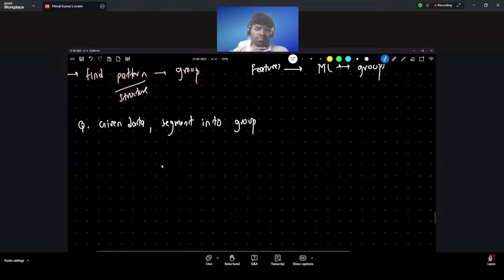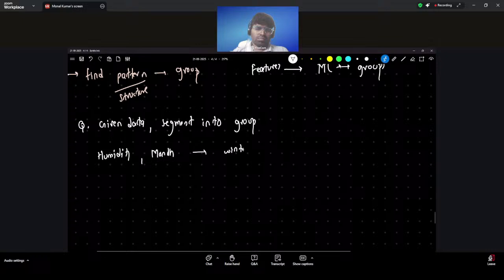But in unsupervised, let's suppose I'm giving humidity, comma, month data. What we will say is just do the grouping. So what we will do here, we will identify whether it is winter, summer, or rainy season, based on the information which we have.